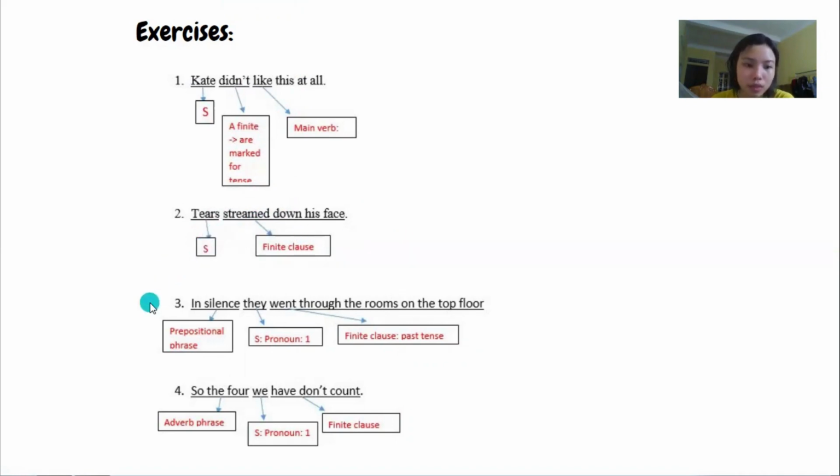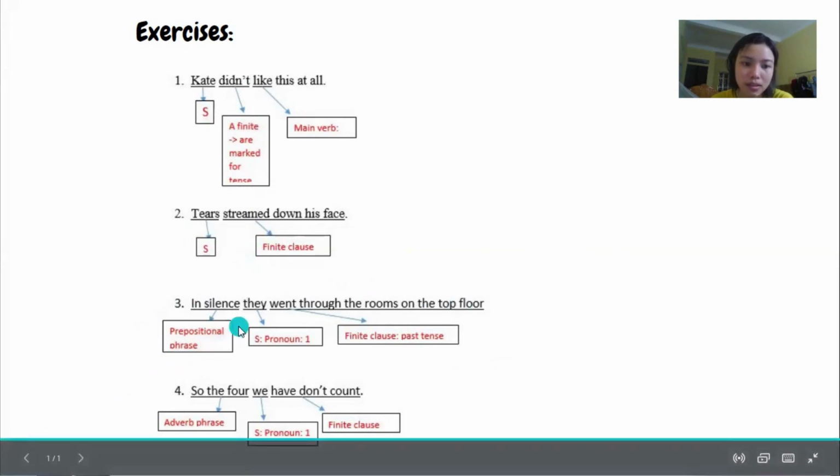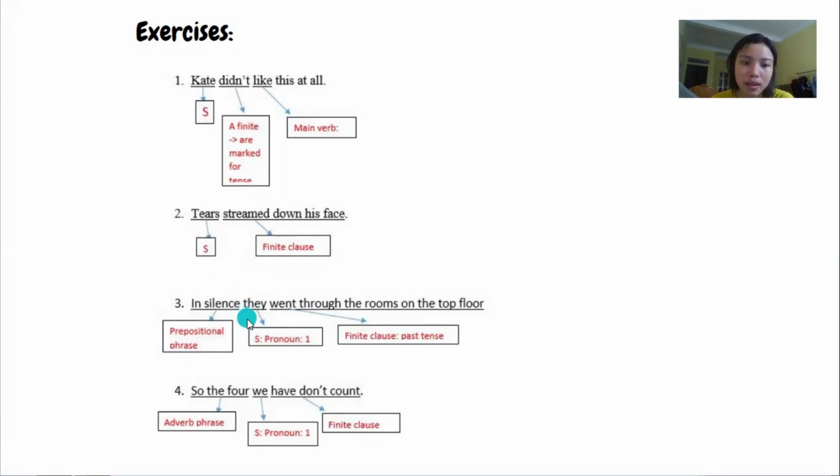Sentence number 3: "In silence they went through the room on the top floor." This sentence is a little bit special because we have a prepositional phrase, "in silence," and "they" is the subject, a pronoun in the first person. "Went through the room on the top floor" is a finite clause in the past tense.